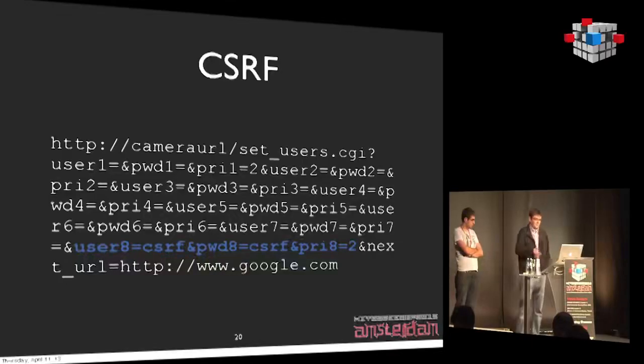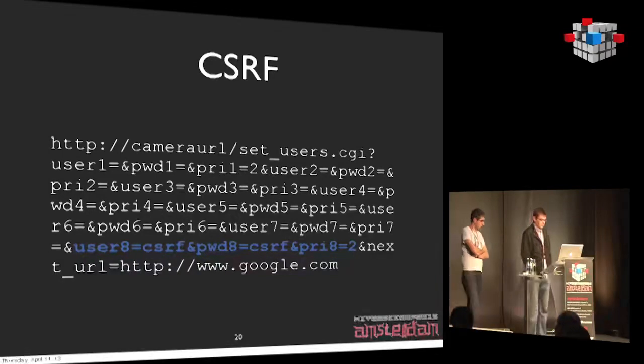If you are targeting someone, you know he has the camera and you know he might open some email from you, this CSRF vulnerability could be useful. We filed a CVE for it a couple of days ago. I'm sure a lot of people knew about this, but nobody documented it, so we did.